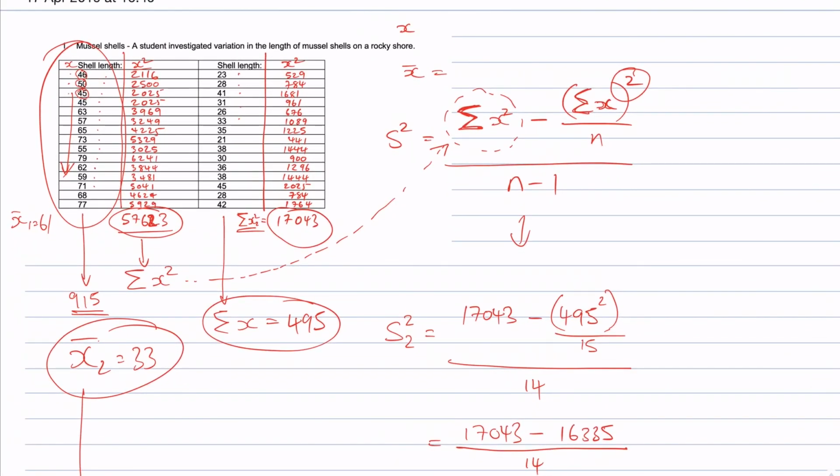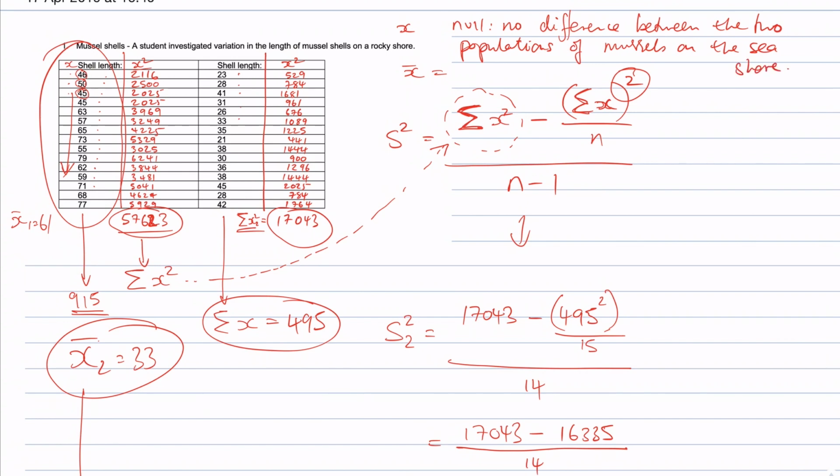So our null hypothesis should have been, there is no difference between the two populations of mussels on the seashore.